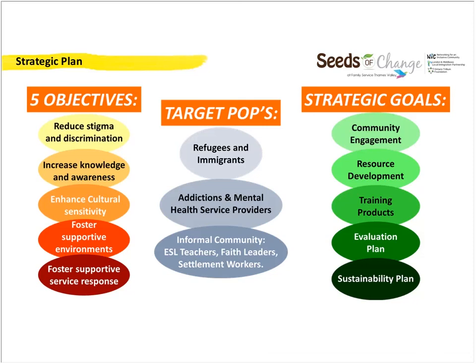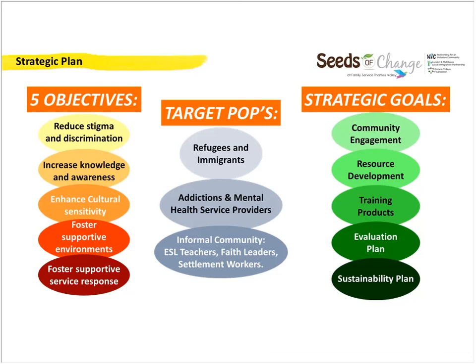And the last column is around strategic goals. So community engagement, as I said, was incorporated throughout the whole project. Resource development, training products. So we've developed a train the trainer specifically for that last group that I mentioned to you that we incorporated, the teachers, faith leaders, and settlement workers, along with the cultural piece for the addiction and mental health service providers.